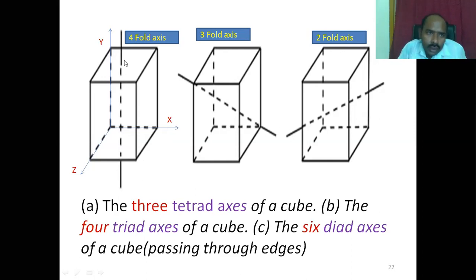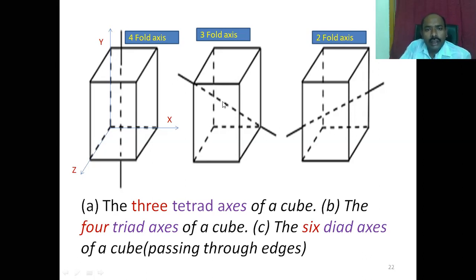In other words, one axis covers two opposite faces. A cube has six faces, so if one axis covers two faces, then 6 by 2 gives us 3. So three fourfold axes exist for a cube.